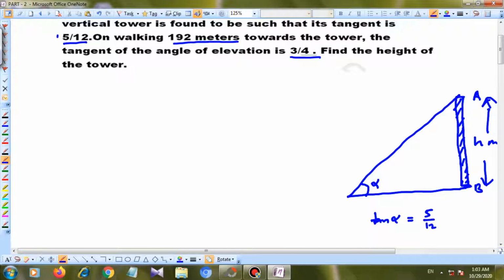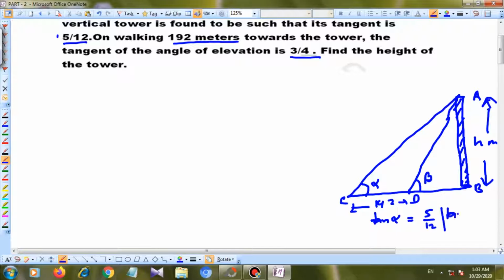And when he walks 192 meters towards the tower, suppose he reaches from C to D, 192 meters, then he observes the tangent will become 3 by 4.